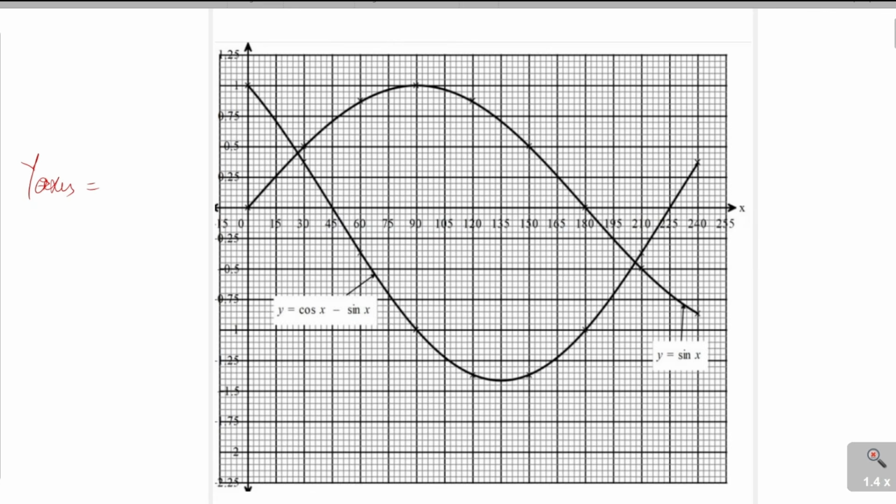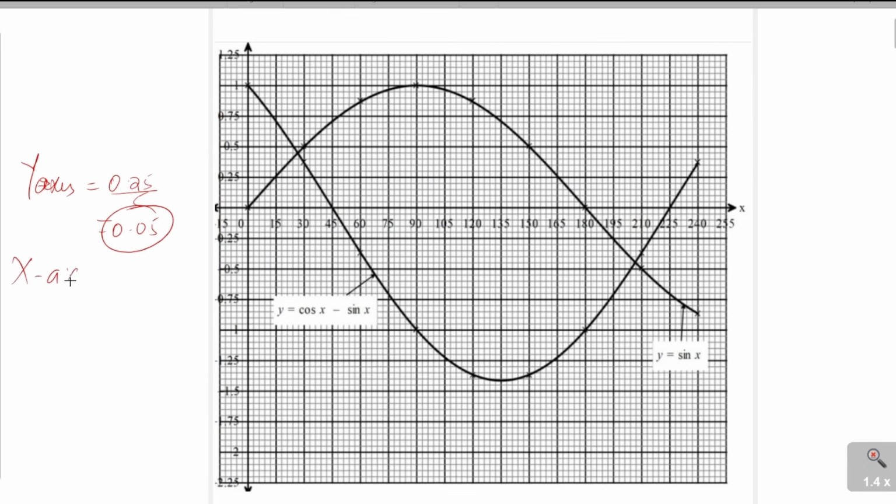On the y-axis, you have 4 units representing 1. So that means 1 centimeter will represent 0.25, 0.5, 0.75, then 1. So 4 centimeters represents 1. If you want to get the size of one small square, you simply take 0.25 divided by 5, and that will give you 0.05. It will help you in plotting.